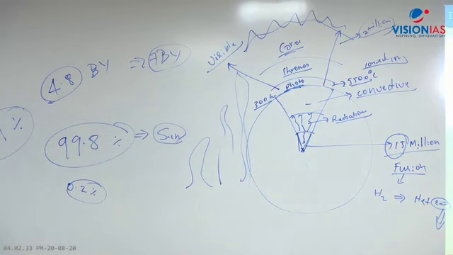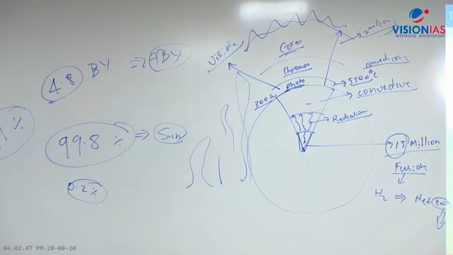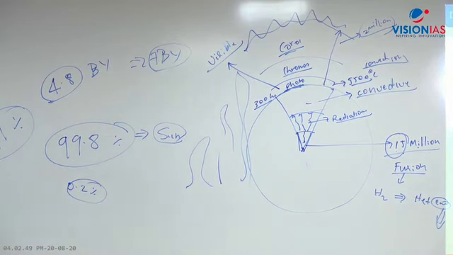Fourth one, photosphere. It is the lowest layer of the sun's atmosphere.